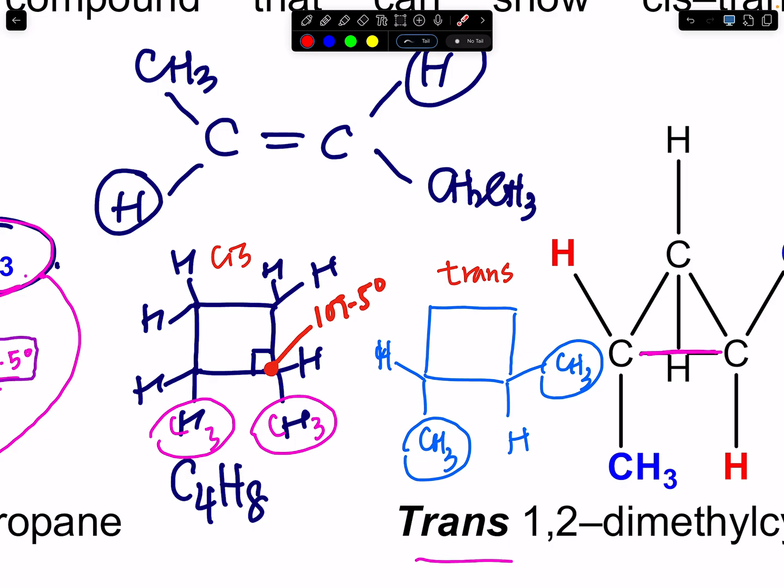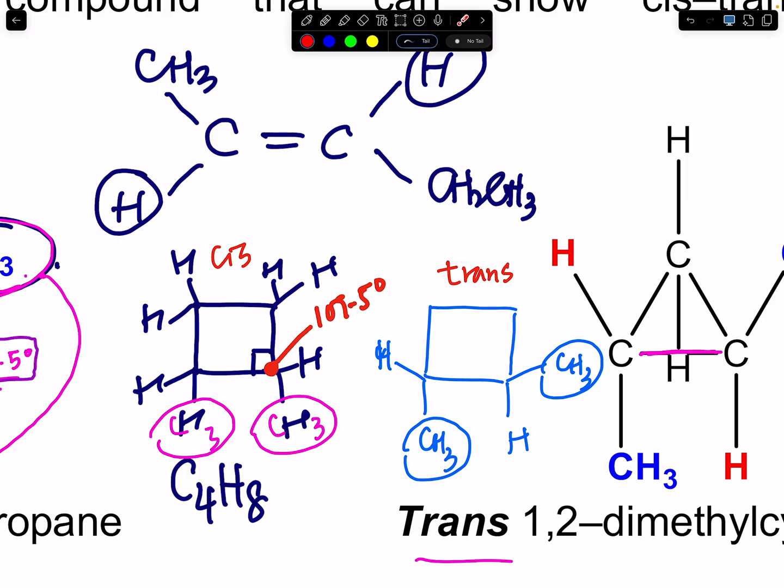Now, why is there cis-trans isomerism in carbon 3 and carbon 4 cycloalkanes? That's because the restricted rotation arises due to angle strain. Understand, guys? And the angle strain arises because the recommended angle is 109.5, but because carbon 3 is 60 and carbon 4 is 90, there's a lot of angle strain placed on the sigma bonds.